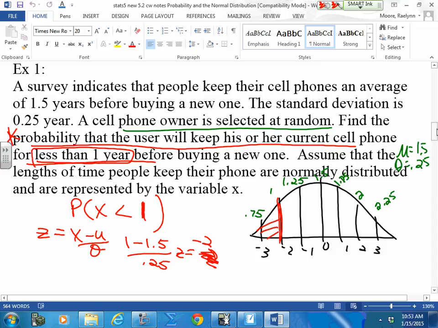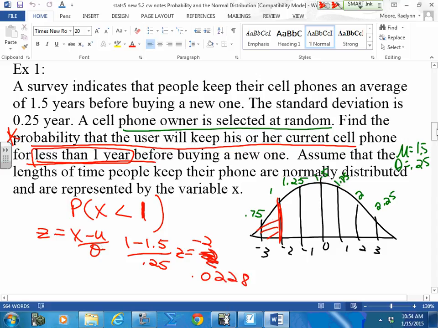So look up negative 2, and what's the area under your curve for negative 2 to the left? Do I expect it to be a lot or a little? A little. So when you look it up on your table, what is it?